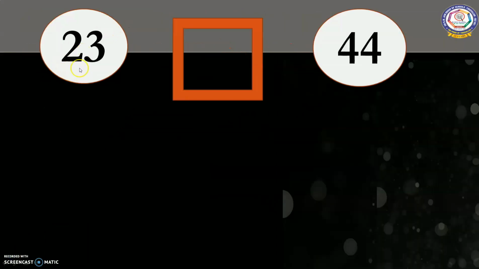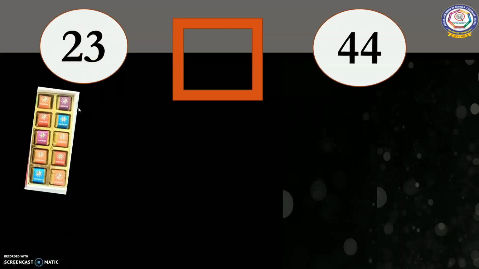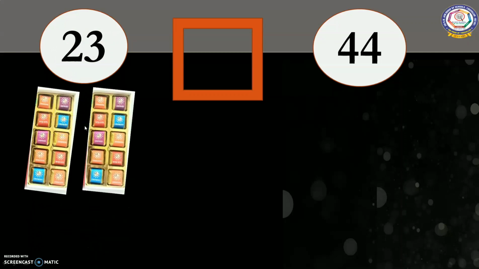Next sum, 23 box 44. First we compare the two numbers and then we decide what symbol comes here. This side we have a 2-digit number. Here also we have a 2-digit number. Now let us check how many tens and ones are there. In 23 we have 2 tens and 3 ones.